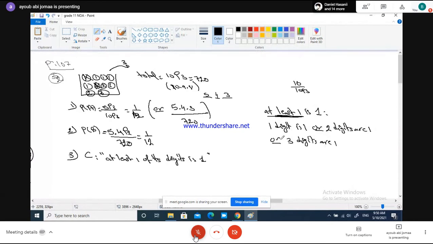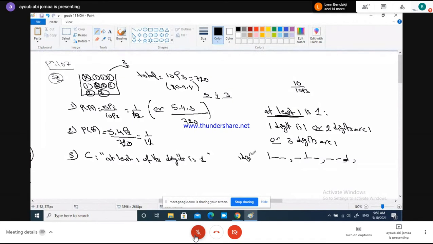In the first case, one digit is 1. This means either the first digit is 1 and the other 2 digits are not 1, or the first digit is not 1, then the third digit is 1.